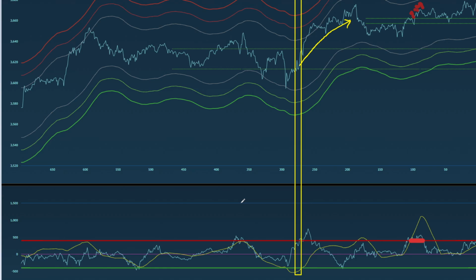But maybe after a couple more of these, I will get more confidence that this is the way to trade it. Okay.